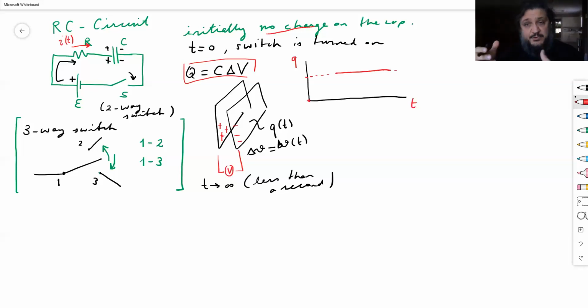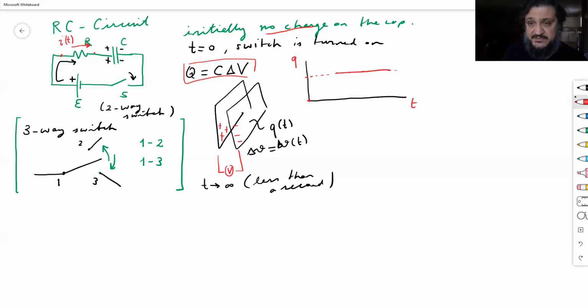But that dies quickly, and when it dies, since there's no current through the resistor, the left and right sides of the resistor are at the same potential because there's no current. In order to have a change in the potential, there has to be current. When current dies off, the potential difference is the same as the battery.